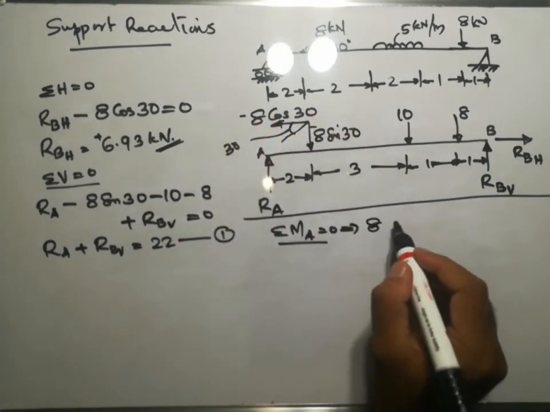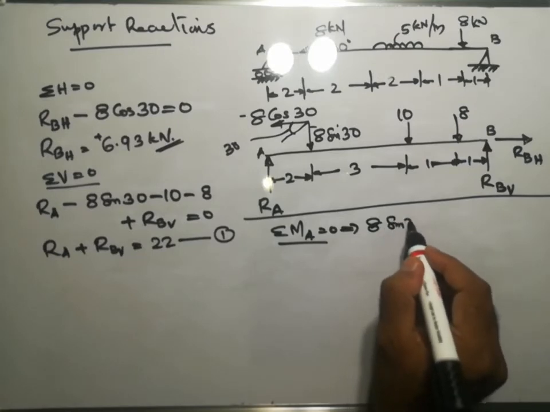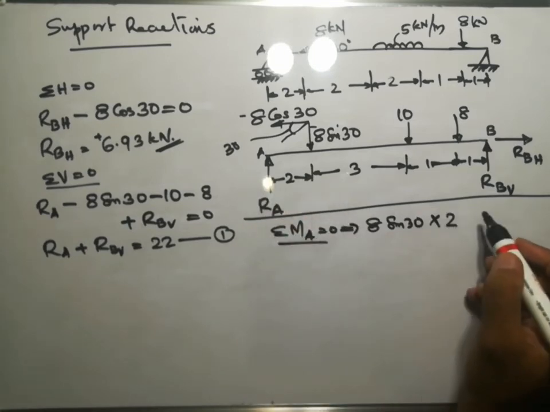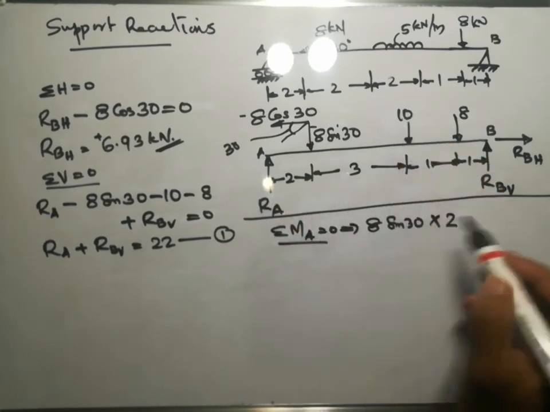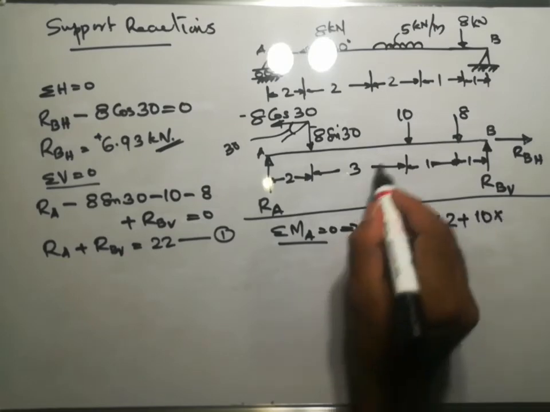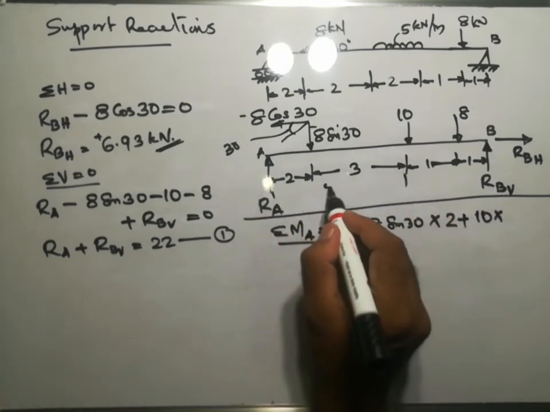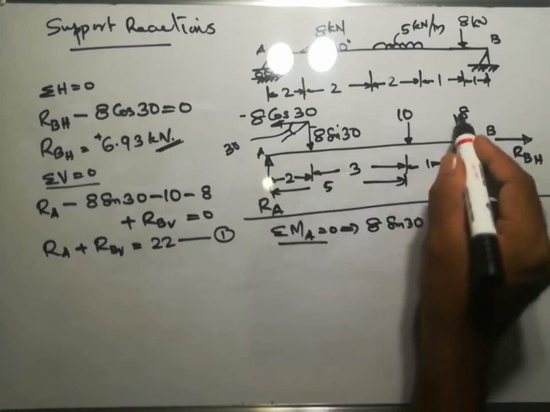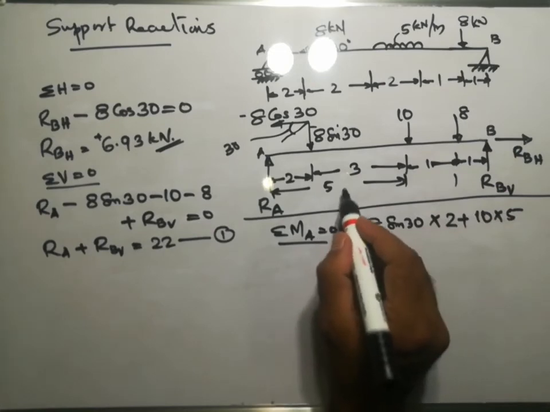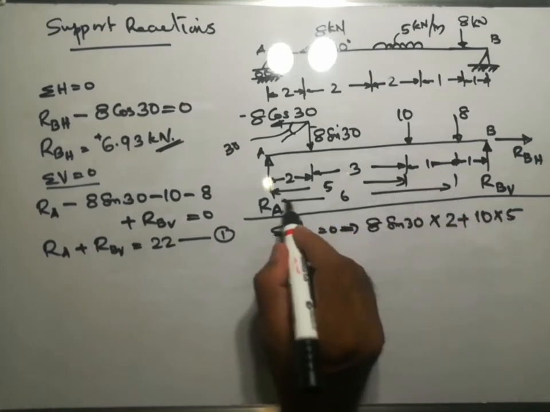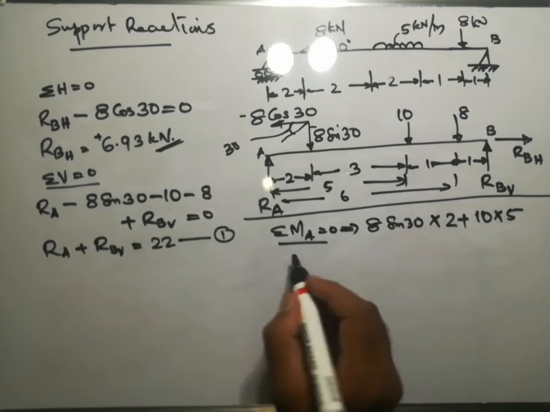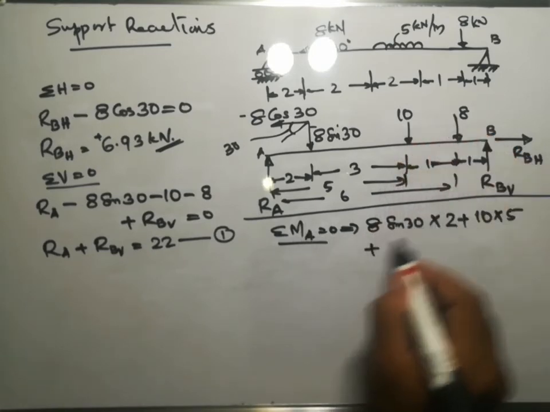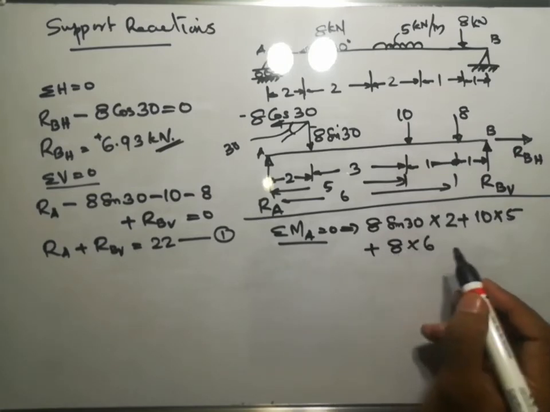So 8 sin 30 into the perpendicular distance of 2 meters, plus 10 into 5, the total distance is 5, then 8, the total distance is 6 meters, plus, it is also in the clockwise direction, 8 into 6.